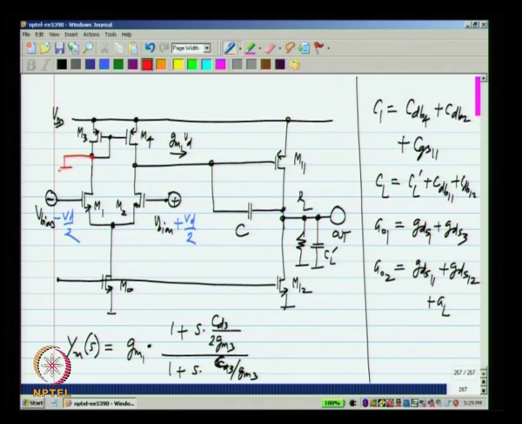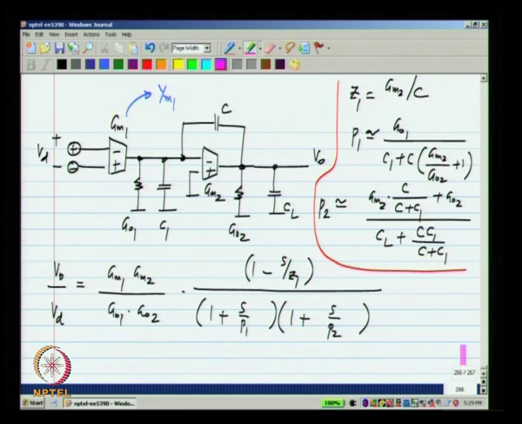As we found out while discussing the single stage op amp, there is a parasitic capacitance CD3 here contributed by M1, M3 and M4, and because it acts on only half of the current, we get a pole and a zero. So, the total transfer function will consist of not this GM1, but YM1, which has a pole and a zero, and the 2 poles here and the zero over there. All we have to do is to substitute the terms and find out what each of these things is.